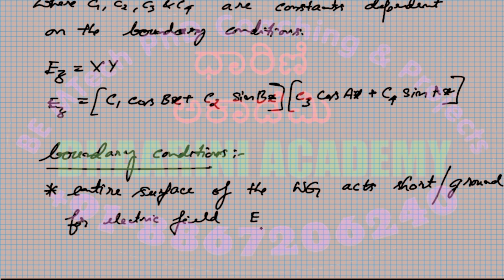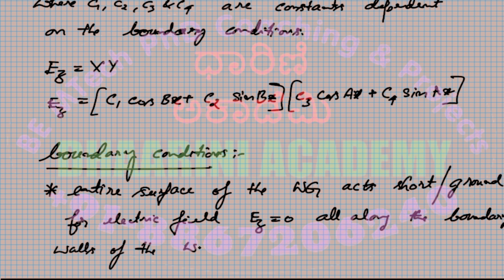That's why I'm writing Ez equal to 0 all along the boundary walls of the waveguide. In the sense, there is no Ez in any direction or along any surface you consider, no electric field along the Z axis.